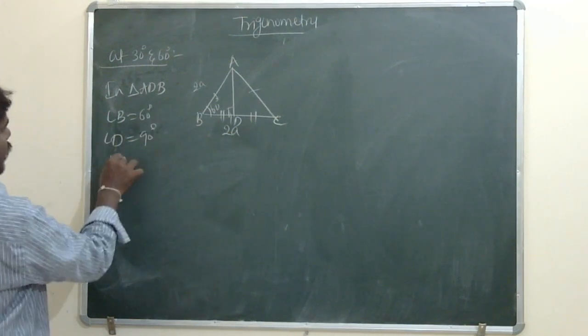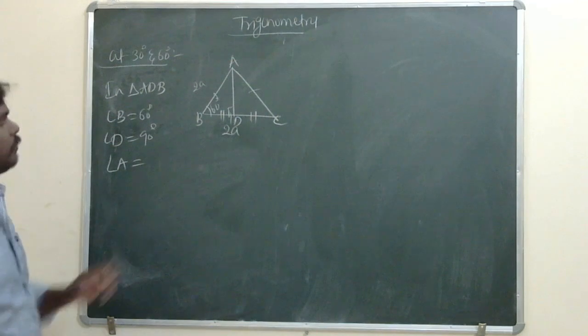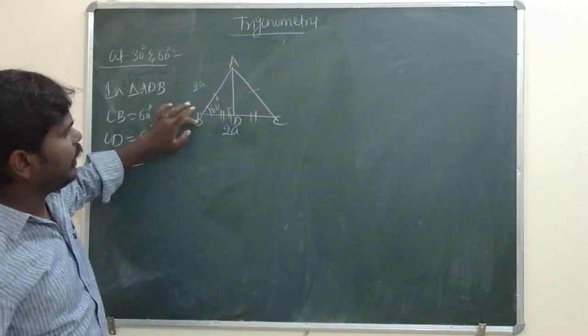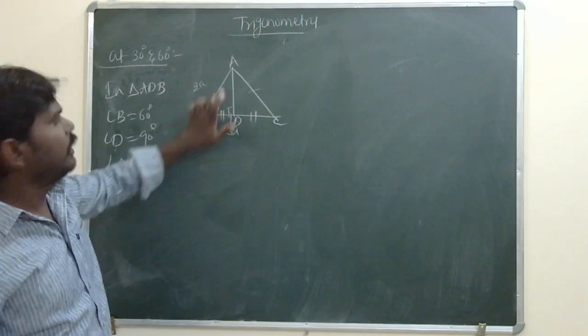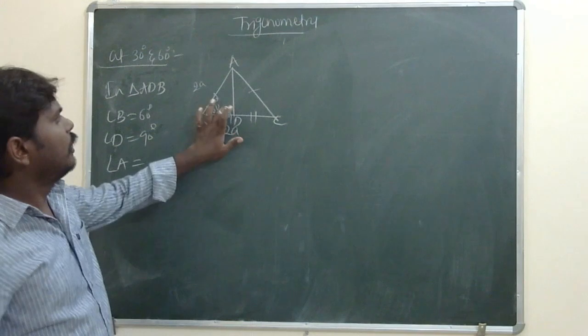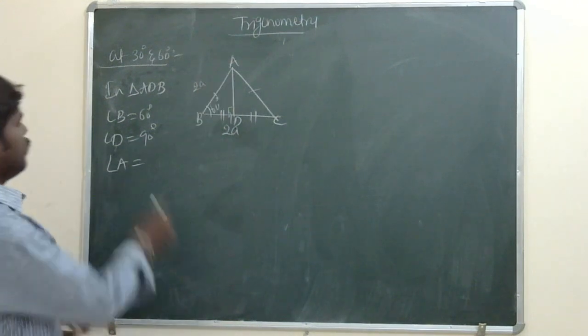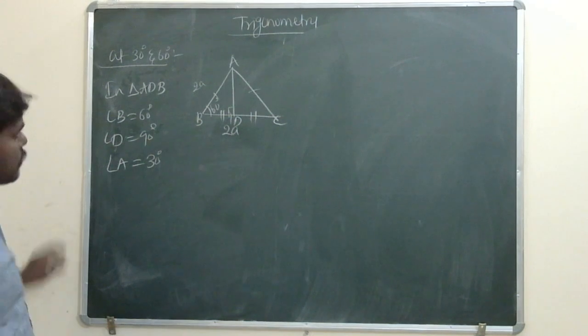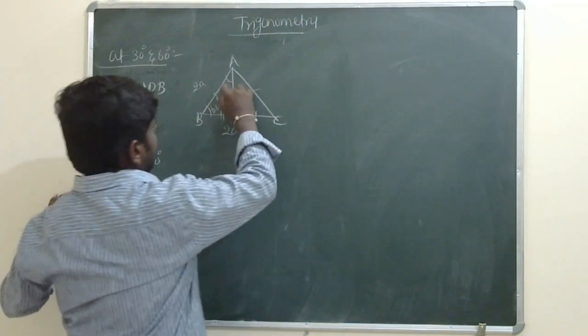So what is angle A? When you use the angle sum property in triangle ADB, 90 plus 60 plus x is equal to 180. So angle A is equal to 30 degrees. Okay, so now this angle is 30.